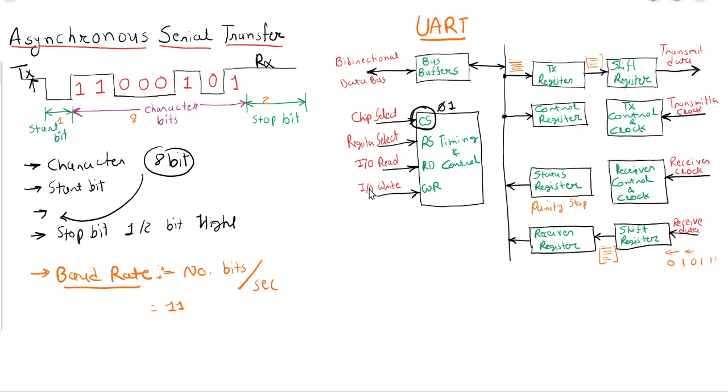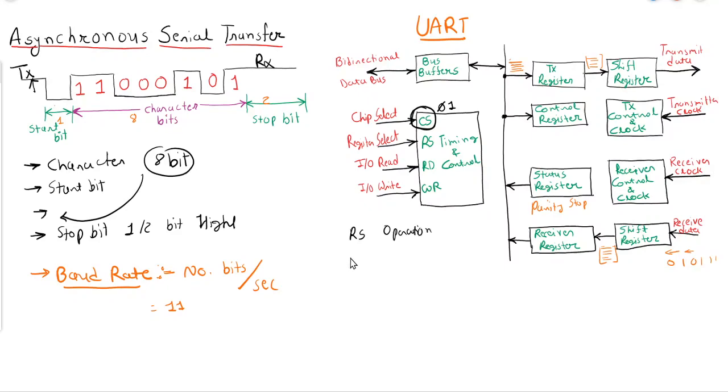Here, the register select RS will be combined with the IO read and IO write. Let's say the value of CS is 1, and then register select and this operation decide which operation will be performed.